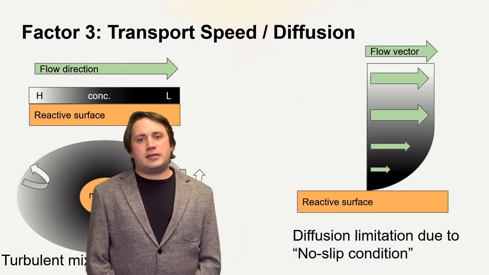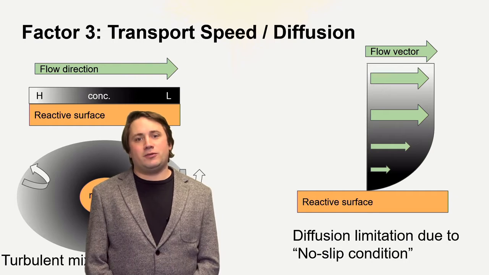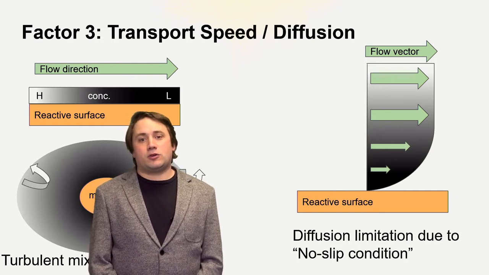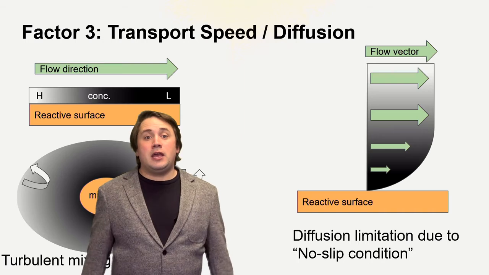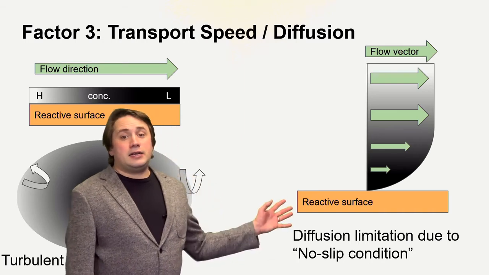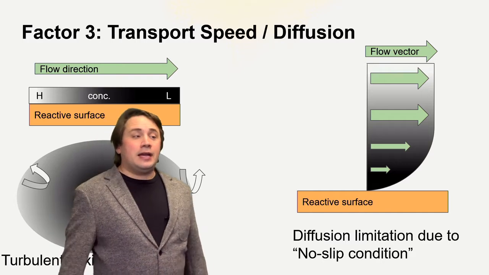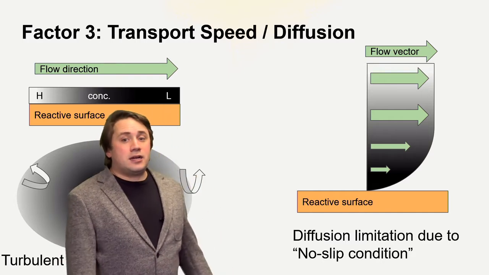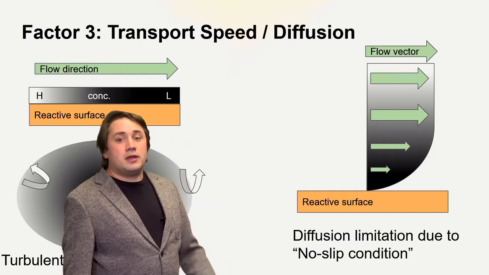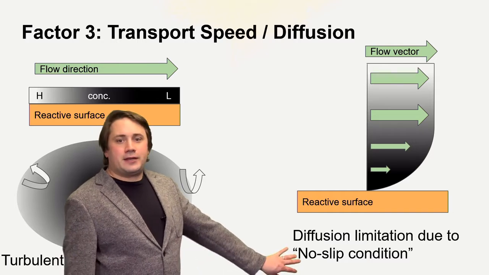Okay, so the last example of transport speed influencing reaction rates, or apparent reaction rates, that I want to touch on is the idea of diffusion limitation at the aqueous solid boundary. And key to understanding this is the concept of the no-slip condition. And this is a concept from fluid mechanics.